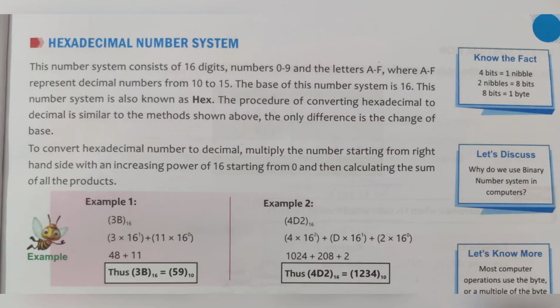Now our second topic is the hexadecimal number system. Hexa means 6 and decimal means 10, so the total is 16. This number system consists of 16 digits: the numbers 0 to 9 and the letters A to F, where A to F represent the decimal numbers from 10 to 15.